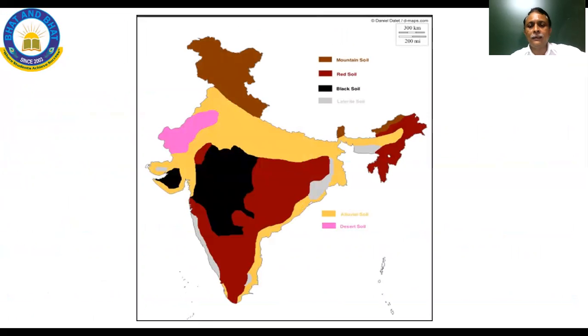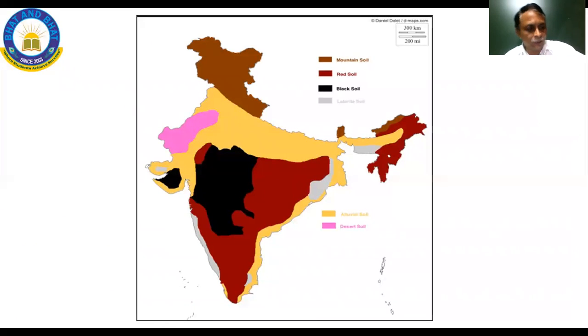Here the black one is the black soil which we just now saw. Maharashtra, Gujarat, Western Madhya Pradesh, Andhra Pradesh, and the southern districts of Tamil Nadu. This is actually a combined map.